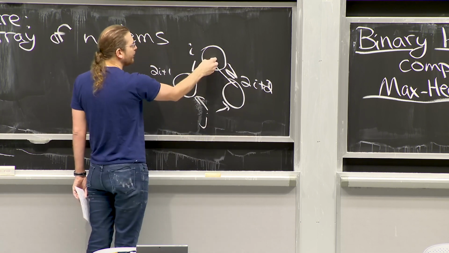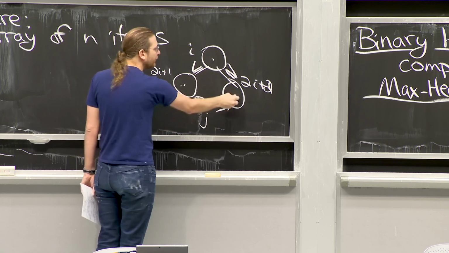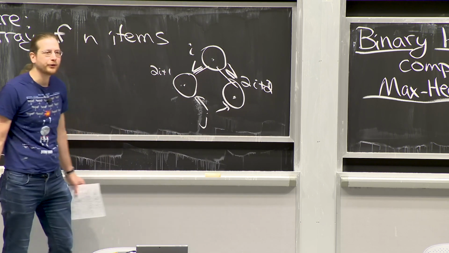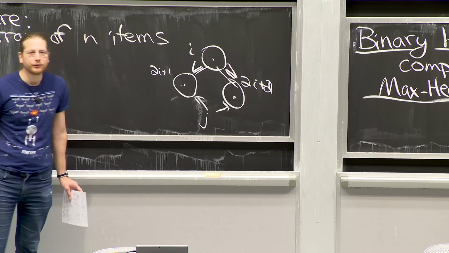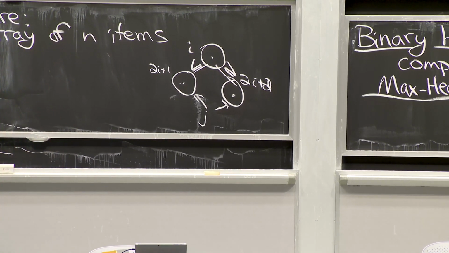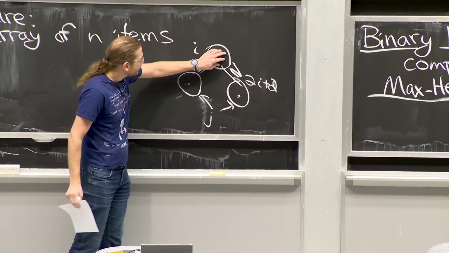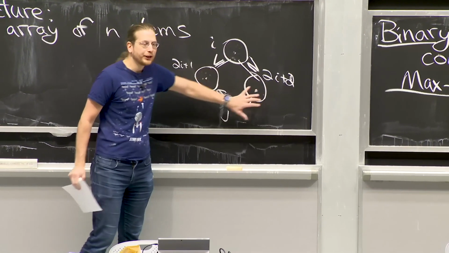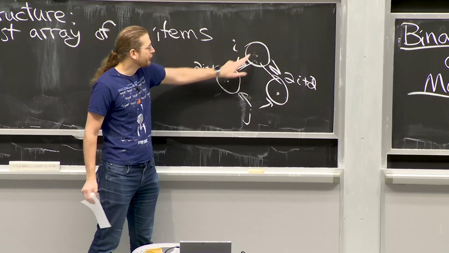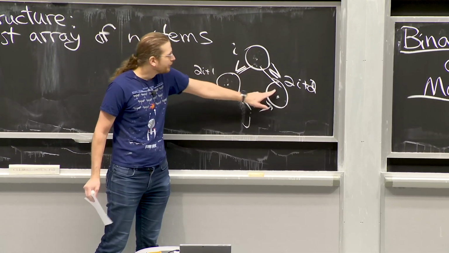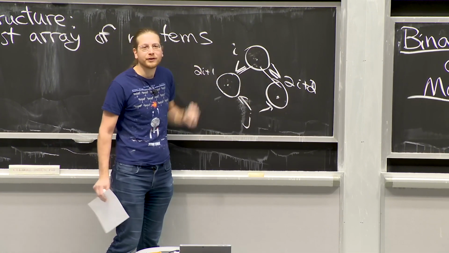So this node should be bigger than both this one and this one. Which of these is larger? We don't know, and we don't care. Very different from binary search trees or set binary trees where we said these guys were less than or equal to this one, which was less than or equal to all the nodes in the subtree. Here we're just locally saying this node is greater than or equal to this node and this node. So the biggest is at the top.